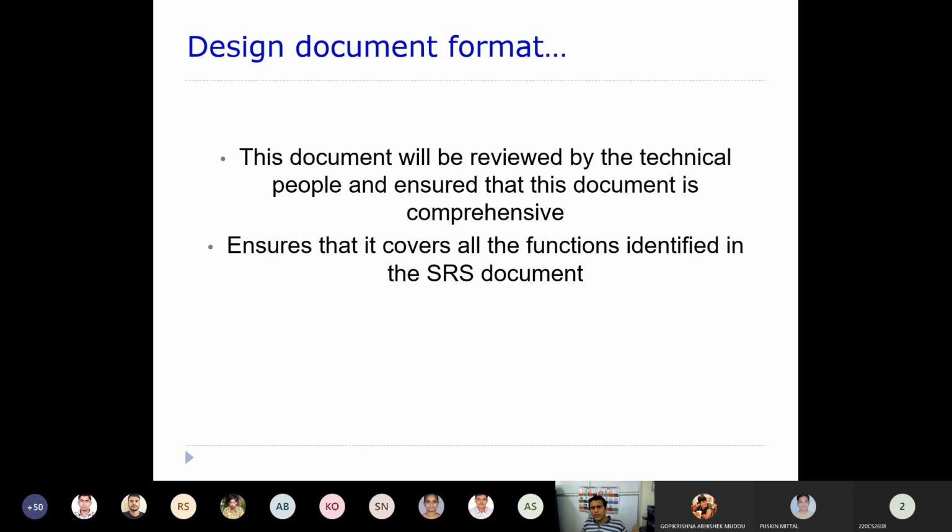Now, the design document format. This document will be reviewed by the technical people, to ensure that this document is comprehensive. Because this is the document that will be reviewed by all the technical people who are going to implement this particular design. After this design has been done, say you have designed the physical design of a database, for example.